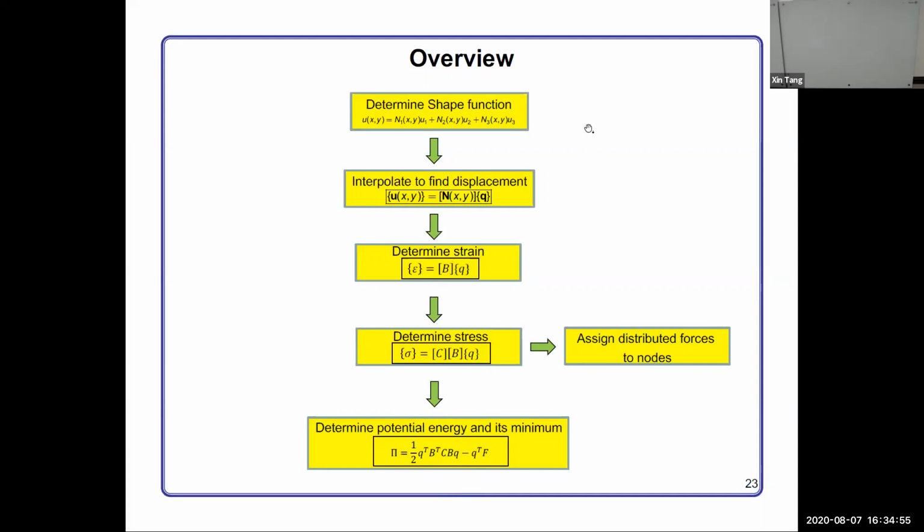The logic is the same, but for different types of elements, the detailed shape function, the B matrix, and the form of the results will all be different. Therefore, different elements have different applications depending on the specific problems we encounter.